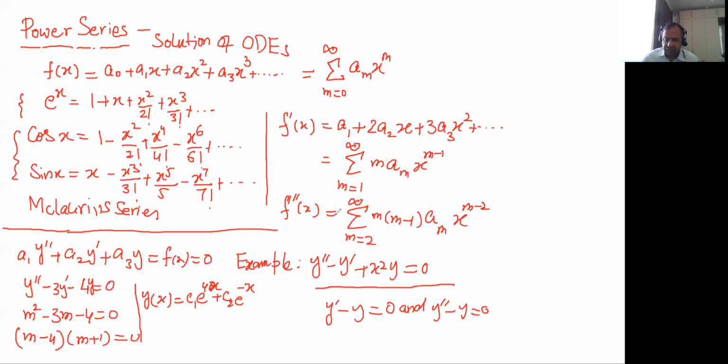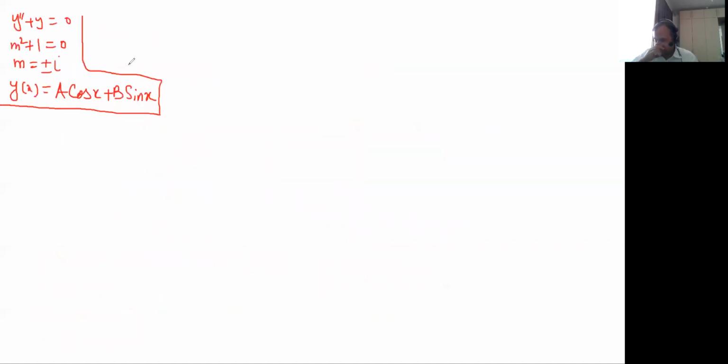We assume that the solution is represented by this power series, a naught plus a1 x plus a2 x square, and its second derivative is represented by this series in sigma notation.